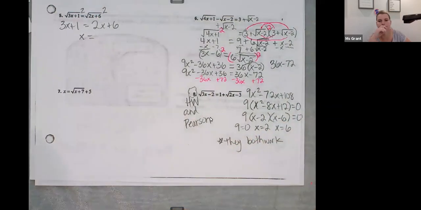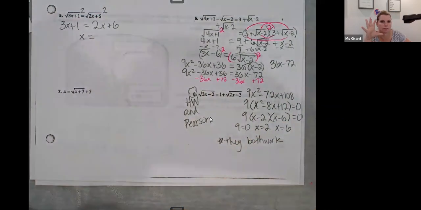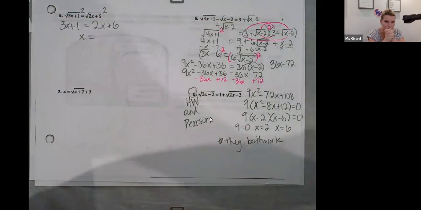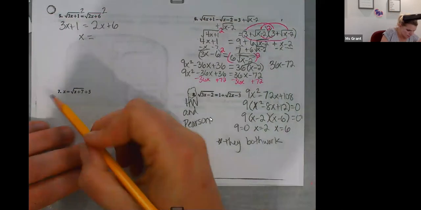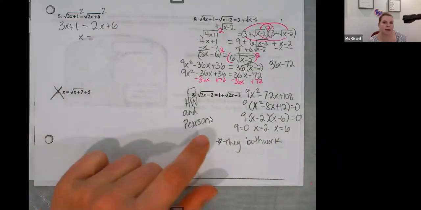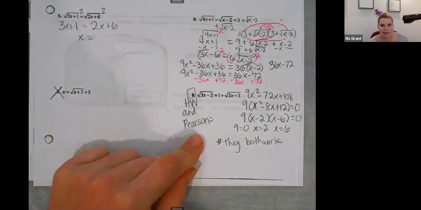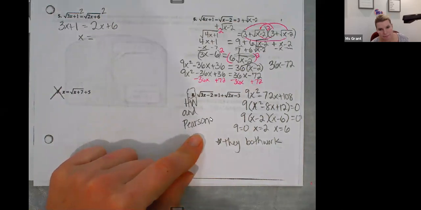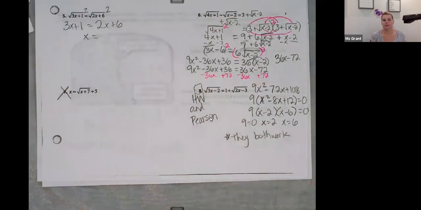Okay. So, that's a lot, I know. We're not responsible for doing number 7. Don't worry about it. But your homework tonight, let's do number 8 on this worksheet. And then I gave you 6 problems on Pearson. And that's already been assigned to you. What questions do you have?